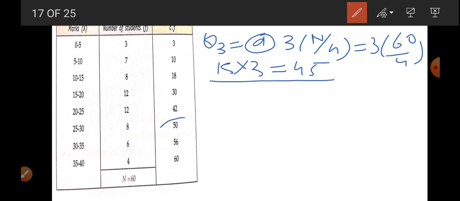Now 45 lies here, so this will be the value of CF, this will be your F, L1 will be this, and I is equal to 5.